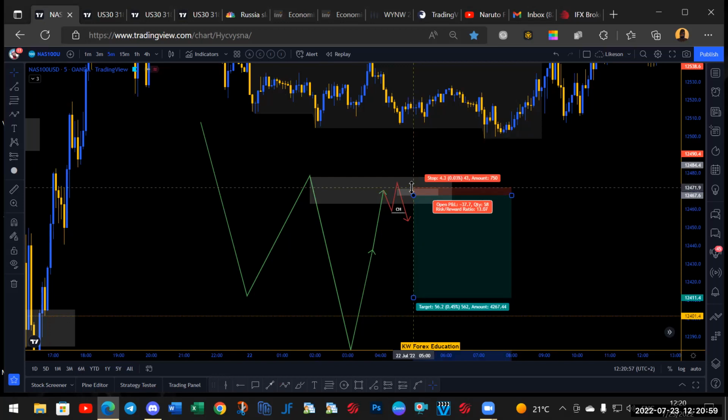There are two ways here. You can put your stop loss there, or you can do that, right? It depends which lot sizes you are using, how big your account is, all those come into play. But if it's a small account, you can just restrict yourself to just that order block on 5 minutes.